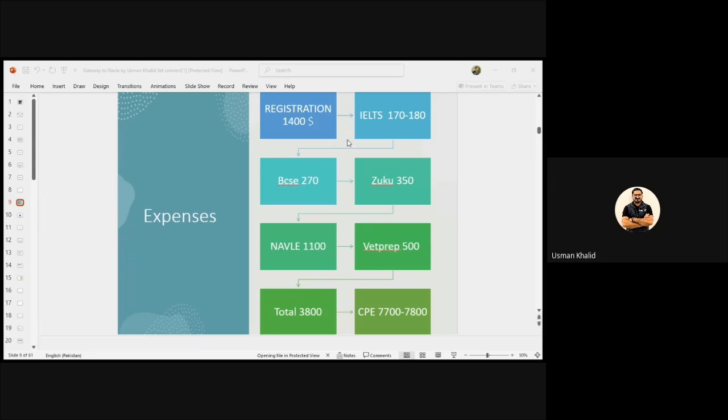I'm just giving you an idea of how you should be working on all these things. The registration is like $1,400, and in dollars, it's a huge amount as well. So you have to register yourself.